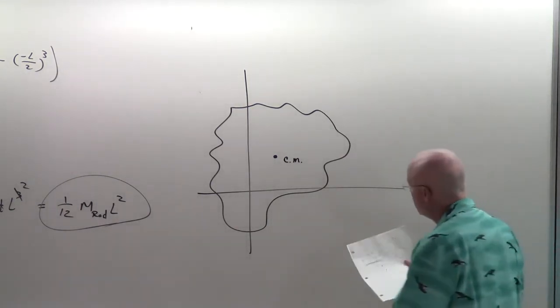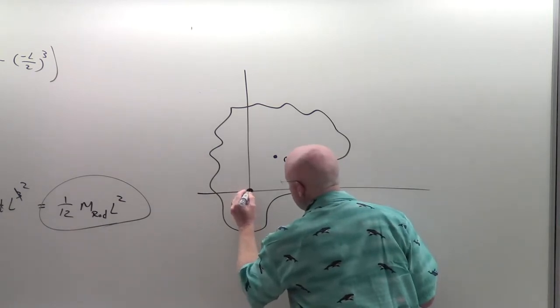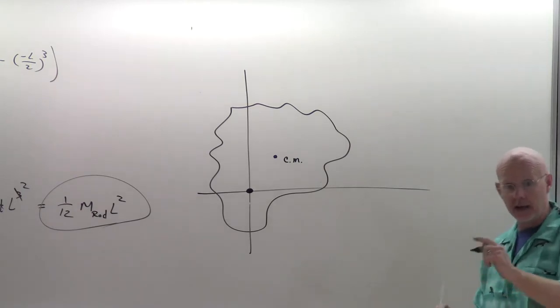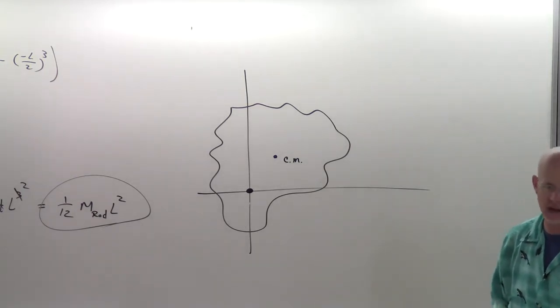And what we're trying to do is to get it to rotate, and so let's put, like this is a piece of plywood, let's put a little nail right there, and let's get it to spin off of its center of mass.